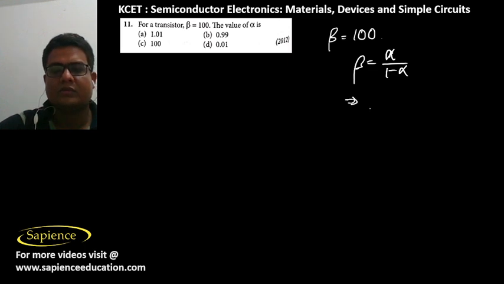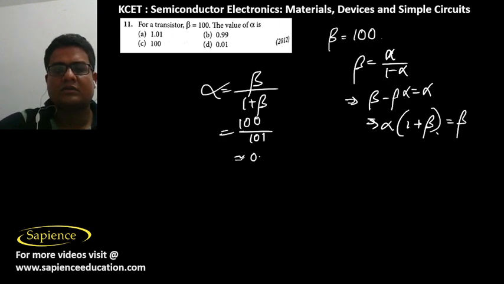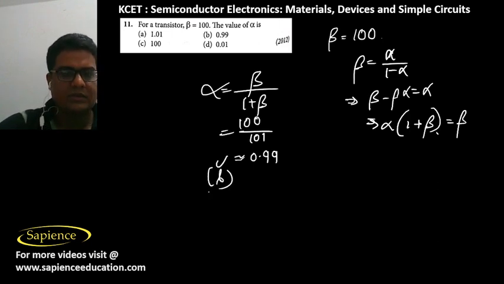So beta minus beta alpha, that is equal to alpha. So alpha into 1 plus beta, that is equal to beta. So alpha can be said it is beta by 1 plus beta. So this will be 100 by 101. So it is slightly less than 1. Option B is the correct answer.